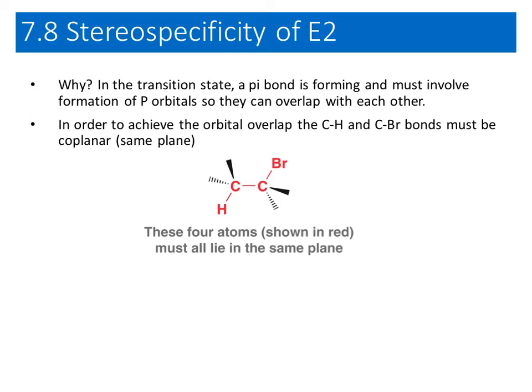And in order to achieve this overlap, these four atoms, the leaving group, the alpha carbon, the beta carbon, and the beta proton must be coplanar, meaning that they need to be in the same plane. So whenever we are forming a double bond, the beta hydrogen, two carbons, alpha and beta, and the leaving group must be in the same plane. And whatever is attached to them, to these carbons, can be shown in wedges and dashes.